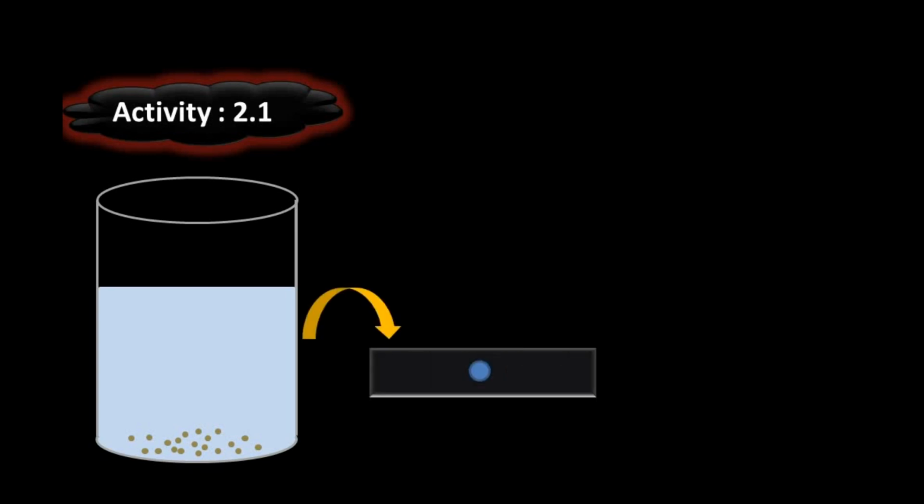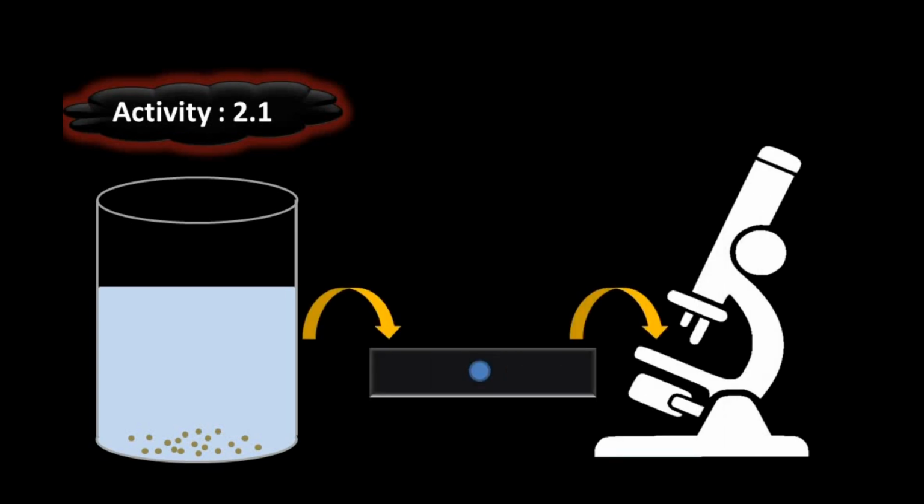See this activity. Collect some moist soil from the field in a beaker and add water into it. After the soil particles have settled down, take a drop of water on a glass slide from the beaker. Observe under a compound microscope. What do you observe?